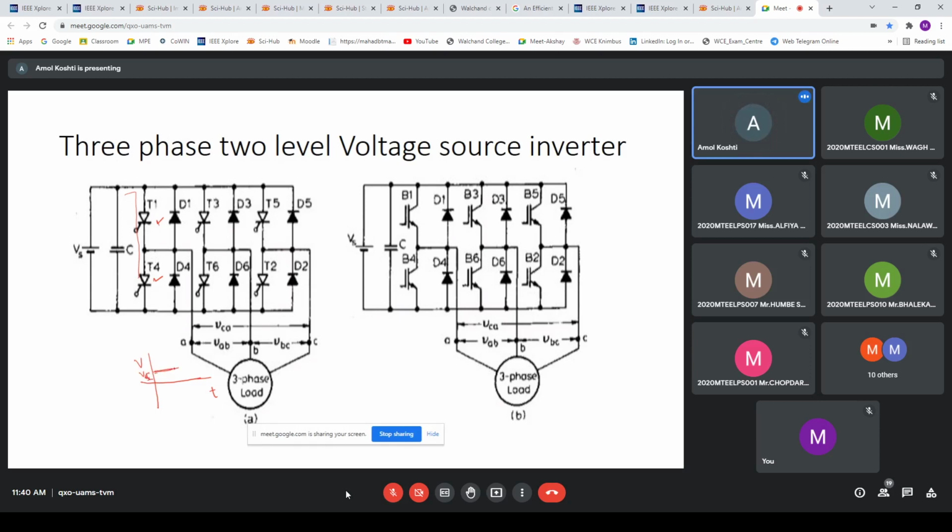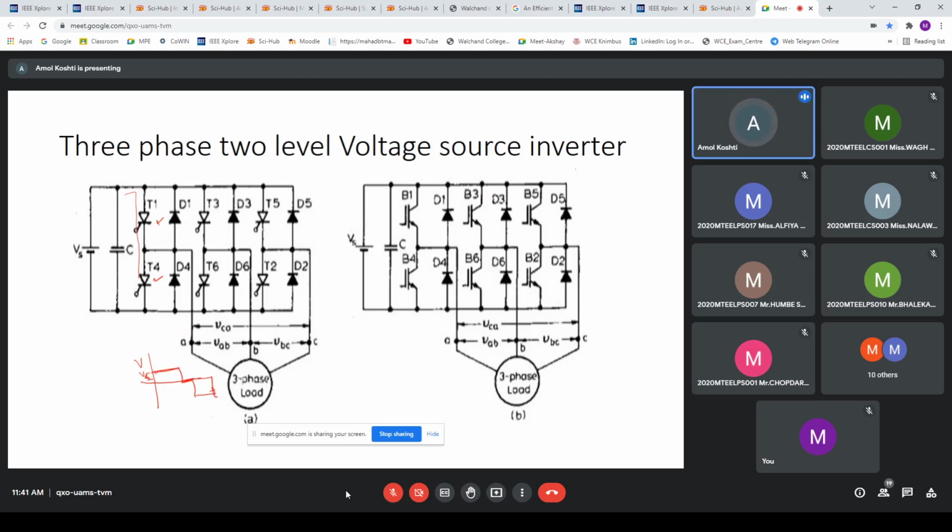This is one level, and the remaining level is the zero level. Then we have to repeat this on the negative side. In this way, this is called a two level. So why two level? VDC level and zero level.